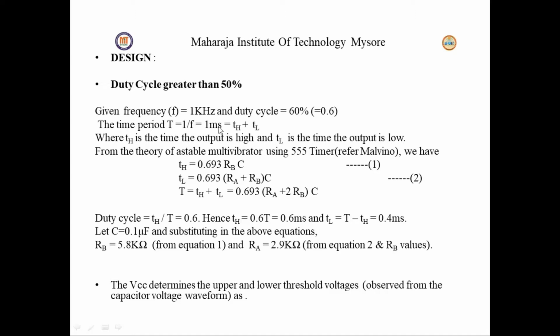And T is equal to T high plus T low, where T high is the time the output is high and T low is the time the output is low.